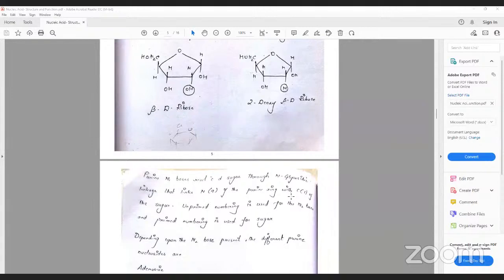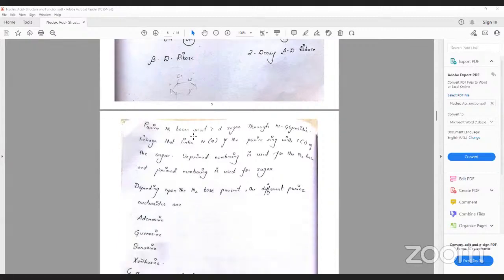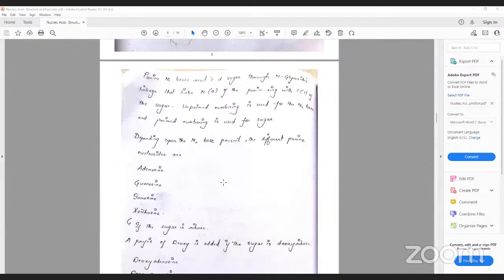Here it is N-glycosidic linkage, because the nitrogen is involved in forming the bond with the sugar. The ninth nitrogen of the purine ring is linked with C1, the first carbon of the sugar.